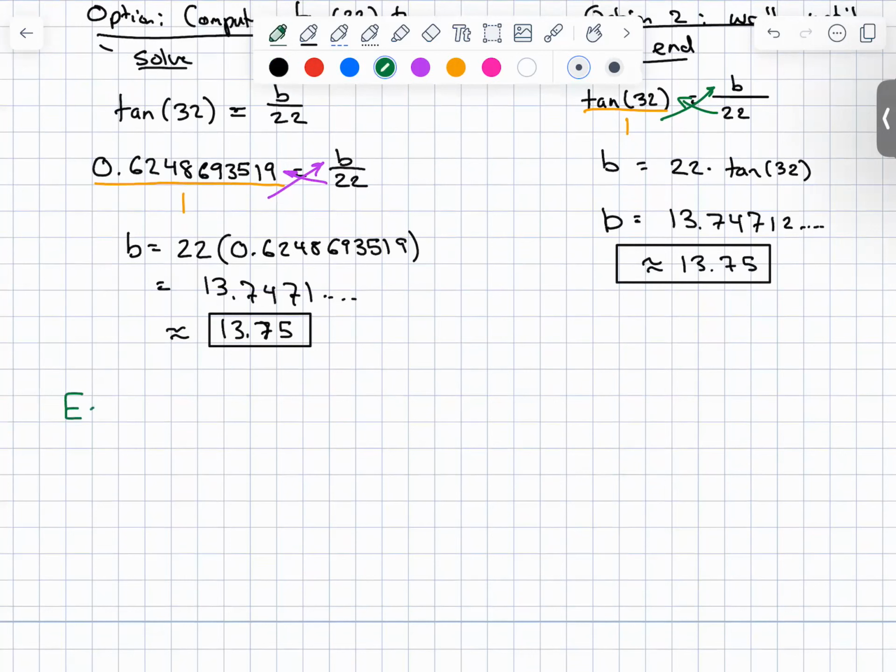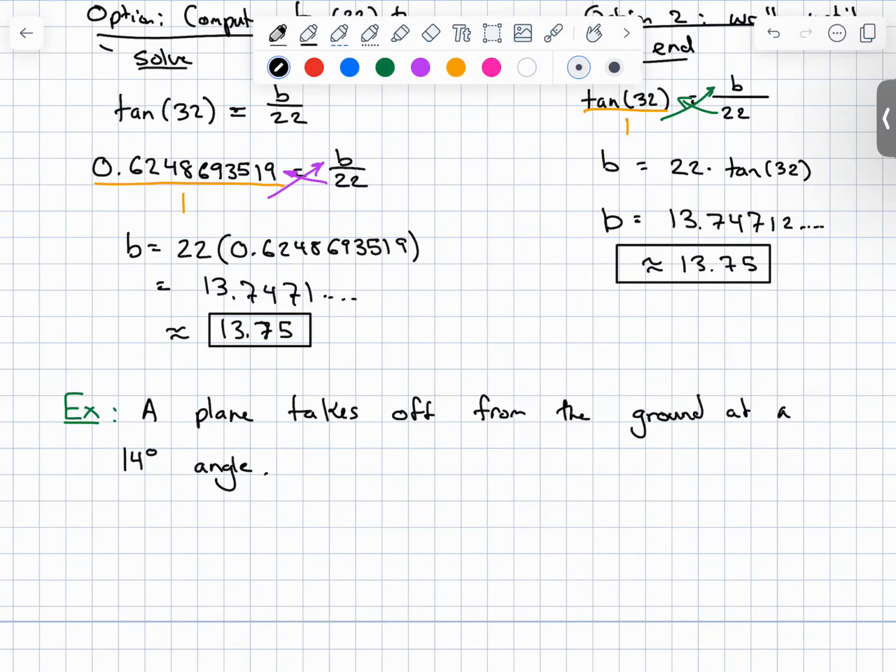We're going to do one last example, a word problem. A plane takes off from the ground at a 14-degree angle. After flying 15,000 miles, that's ridiculous. 15,000 feet.